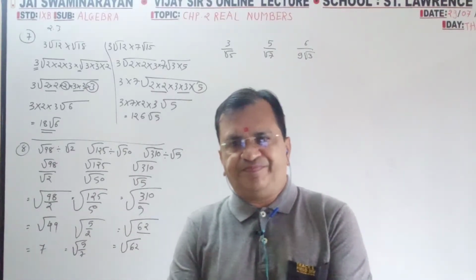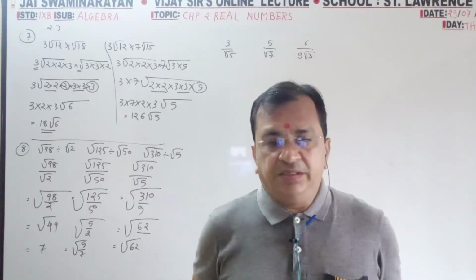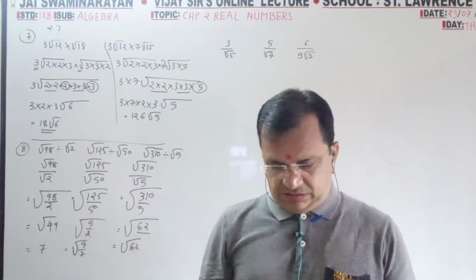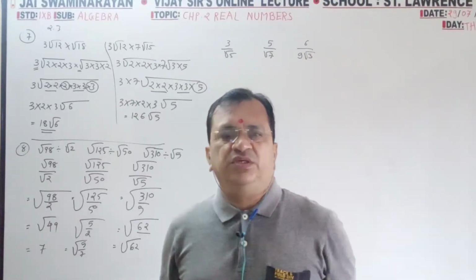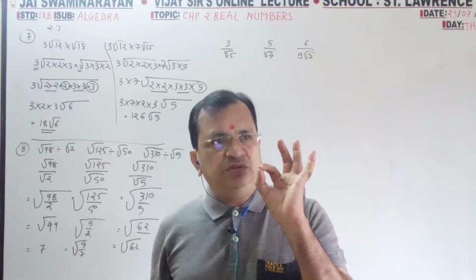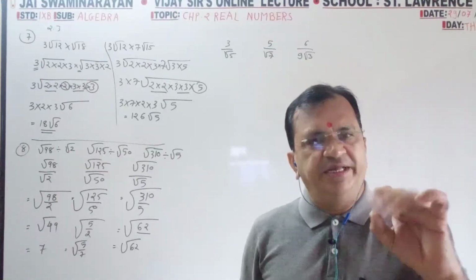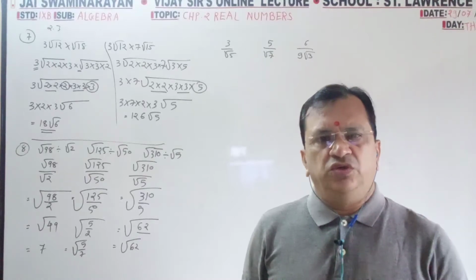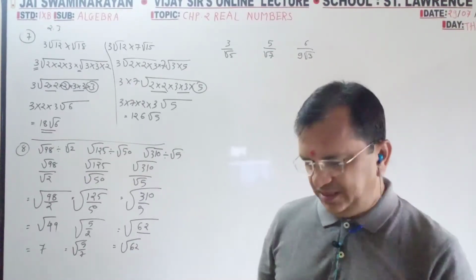Question is, rationalize the surd. Meaning of rationalize the surd is remove root from the denominator. So the same value of the root you have to multiply and divide.